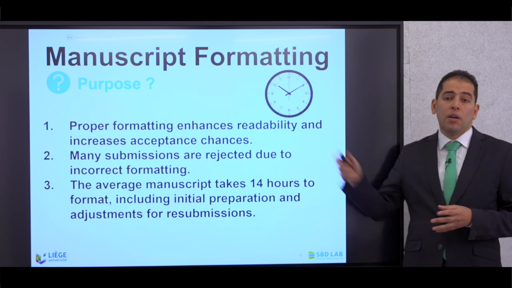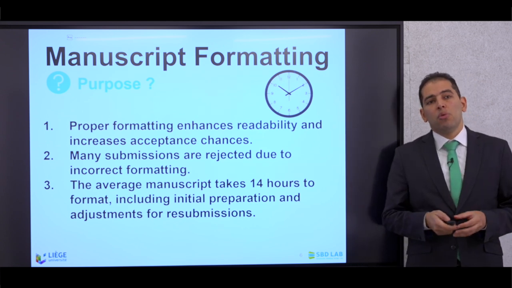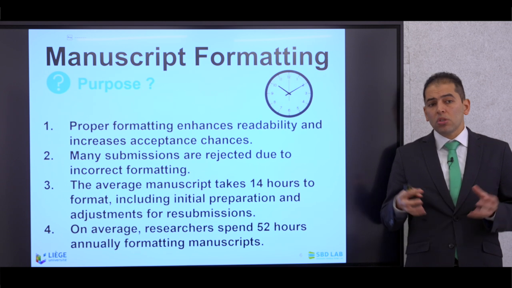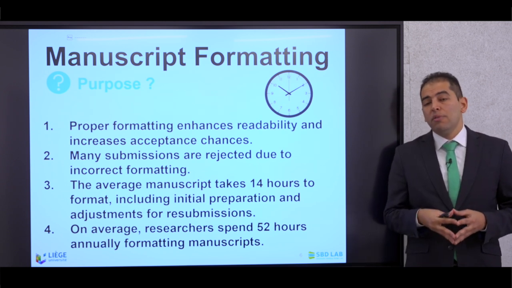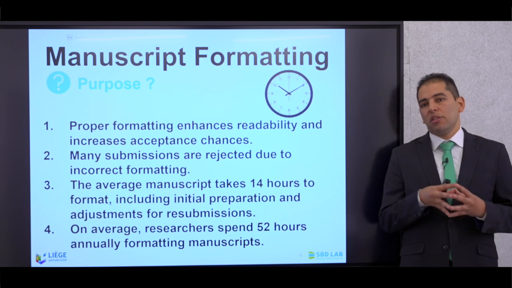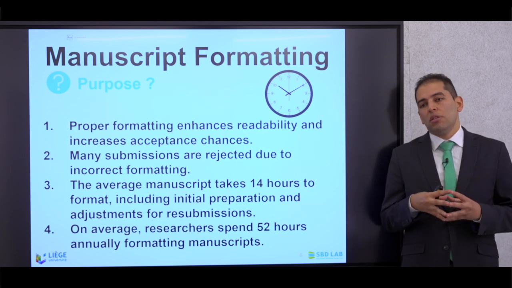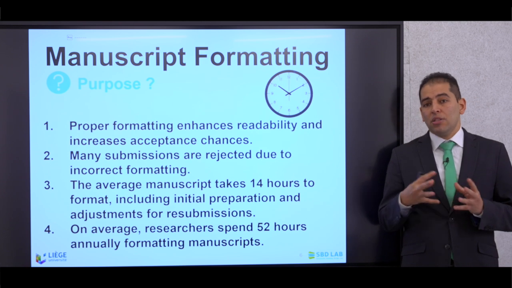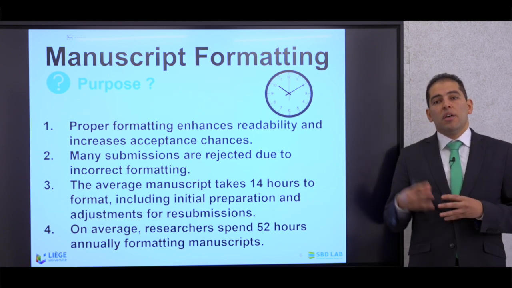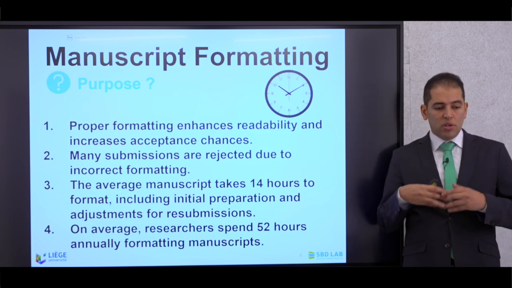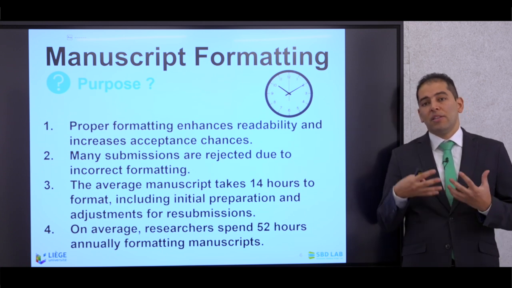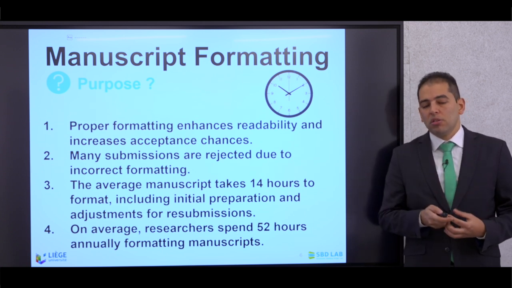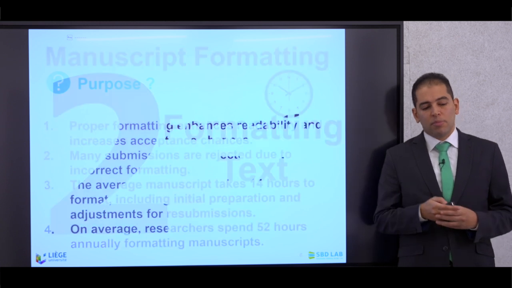On average, researchers spend 52 hours annually formatting manuscripts, just to check the font size, the style, the structure, the headings, the subheadings, and so on, the numbering of pages, embedding the figures in the text. So it takes a lot of time, and you need to be ready for that and to plan it ahead when you start a submission process.